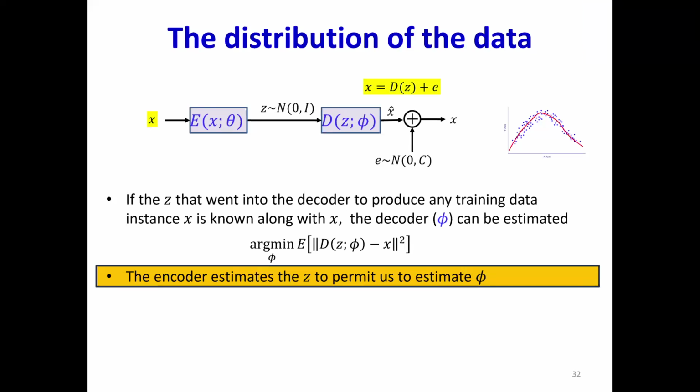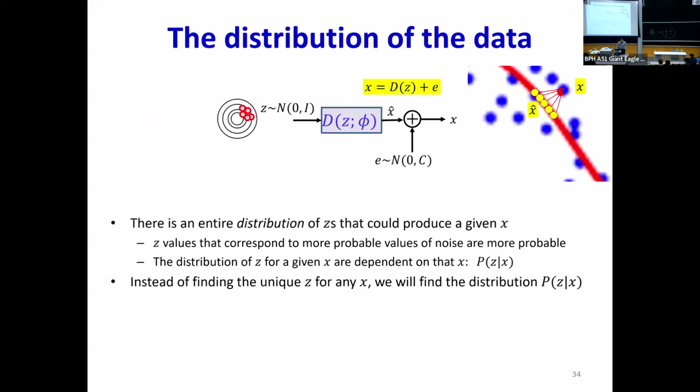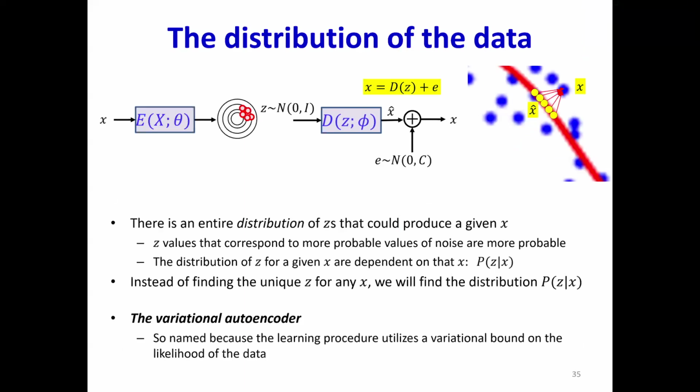Except that it's impossible for us to identify a specific z that the encoder must generate that gets converted to this x because there are many z's that could have generated x, right? Yeah. So which means that the encoder can no longer just generate a specific z. It must produce the distribution of z's which could all have been converted to this x. That answer your question?